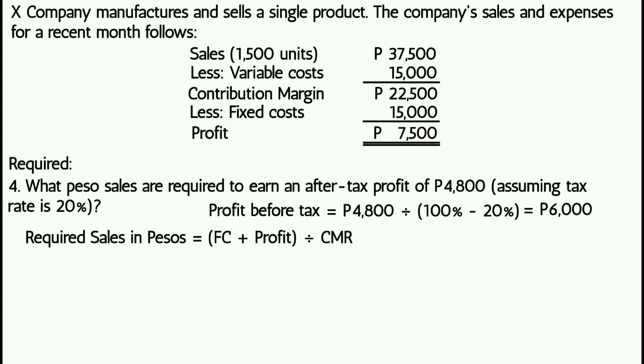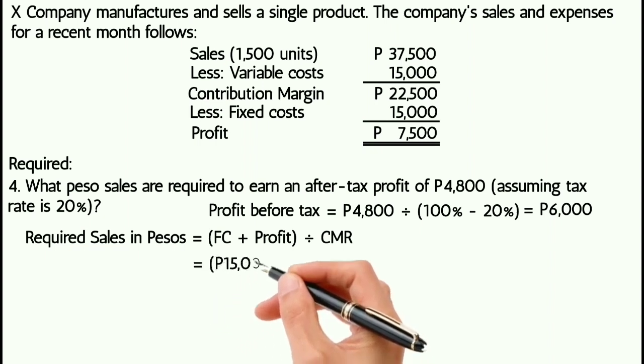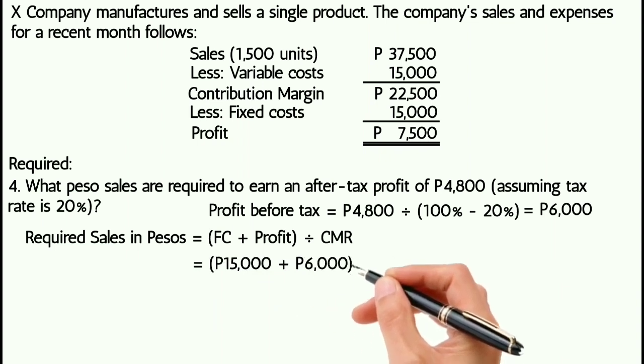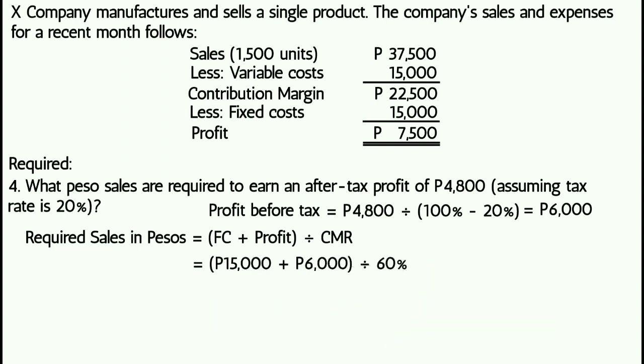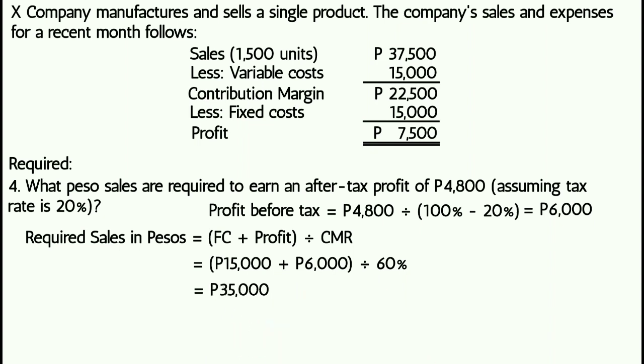At this point, since alam na natin yung profit before tax, we can now compute for the required sales in pesos. That is equal to 15,000 pesos plus 6,000 pesos divided by 60%. 15,000 pesos plus 6,000 pesos, that is equal to 21,000 pesos divided by 60%, that is equal to 35,000 pesos.